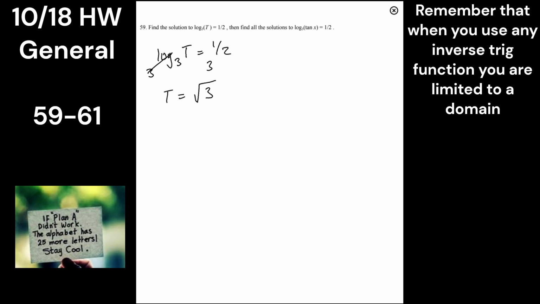And now it's asking to find the solutions for all log base 3 of tan of x equals 1 half. Now you can see that everything is the same except t is equal to tan of x. So that means that tan of x has to equal square root of 3.